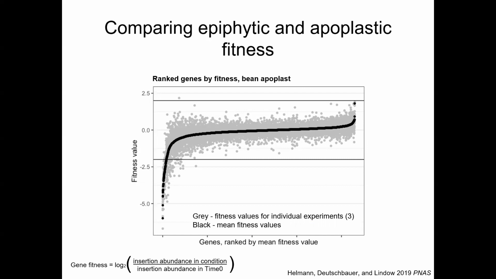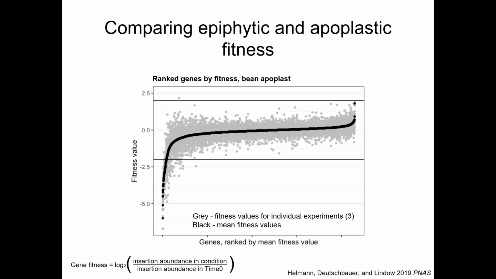And this is a log scale, so 0 indicates that the relative abundance does not change over time. It's a log 2 scale, so a fitness value of -2 indicates that the mutant is about 25% as fit as the average strain. So from the sample distribution of gene fitness values, we're looking for the outliers.